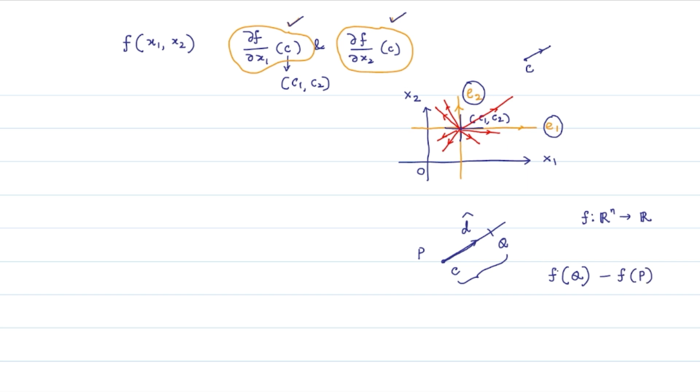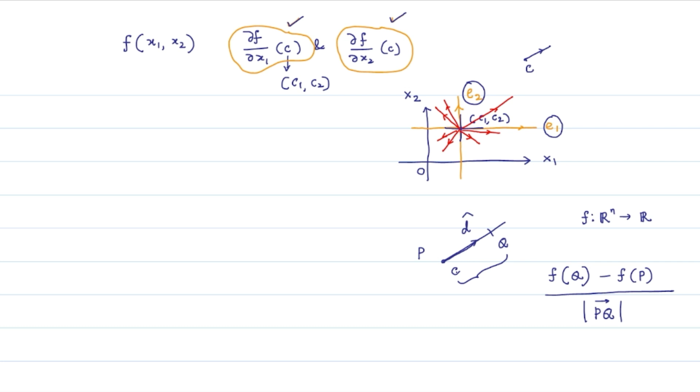This change is due to the movement of the distance from P to Q, and therefore per unit movement along the direction d hat from the point P, the function value has changed by the amount Fq minus Fp divided by the length of the line segment PQ.